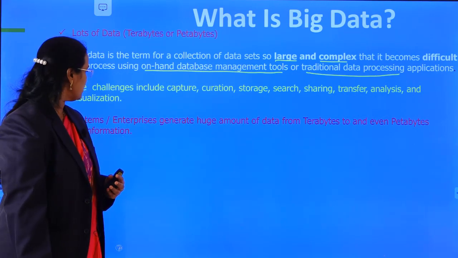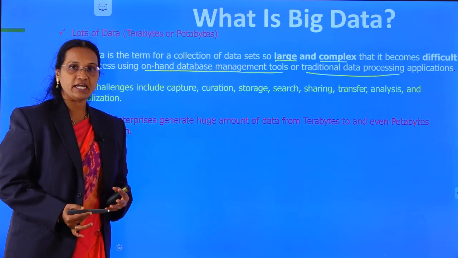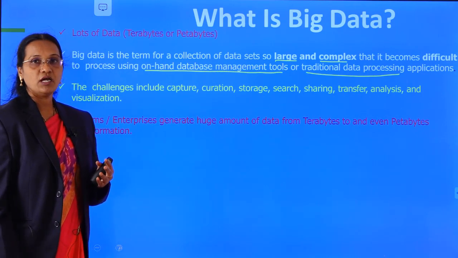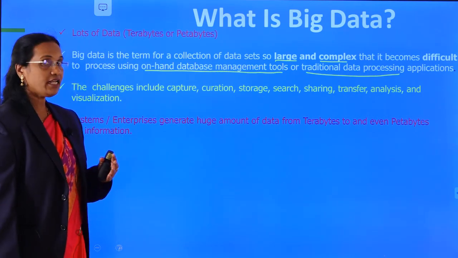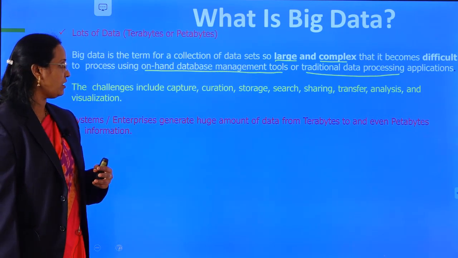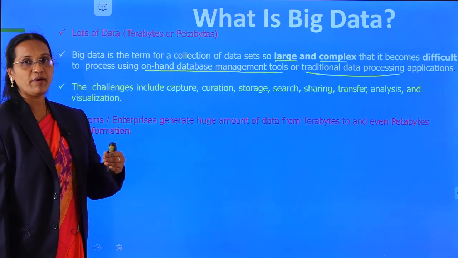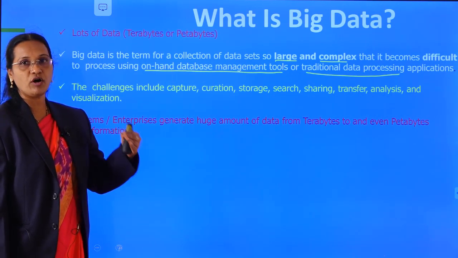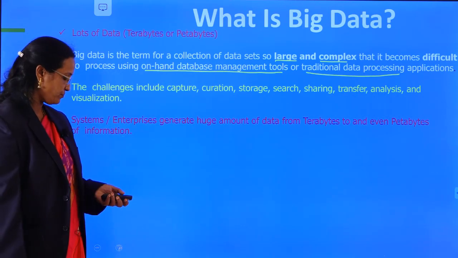Now the question is, from where are we getting this big data? Systems and entrepreneurs are generating huge amounts of big data, from terabytes to petabytes, petabytes to zettabytes, zettabytes to yottabytes. How?